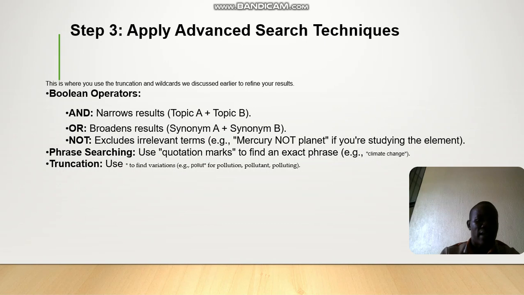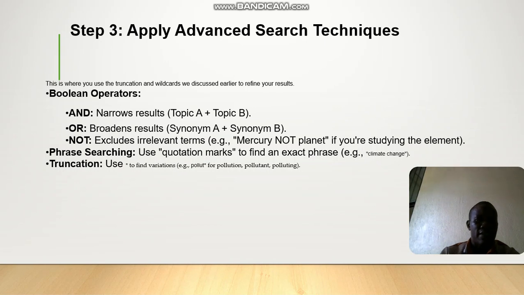AND narrows the results, like topic A plus topic B. OR broadens results, that is synonym A plus synonym B. The NOT operator excludes irrelevant terms. Example, make sure you NOT planet if you are studying the environment.